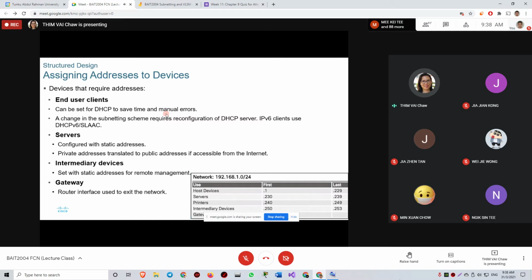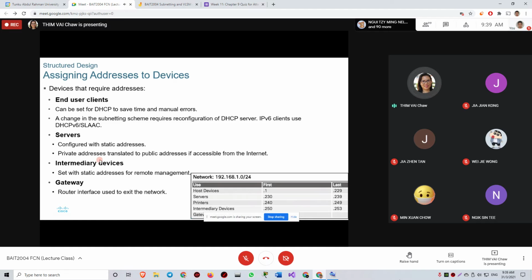No need to configure manually, but it depends on your network configuration. Not necessarily always using DHCP; for certain end user devices we still use a static IP address. Definitely for the server, we configure a static IP address.